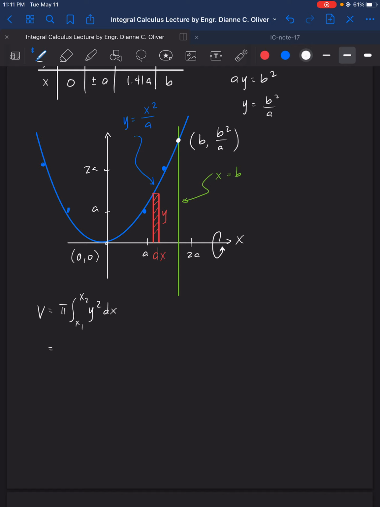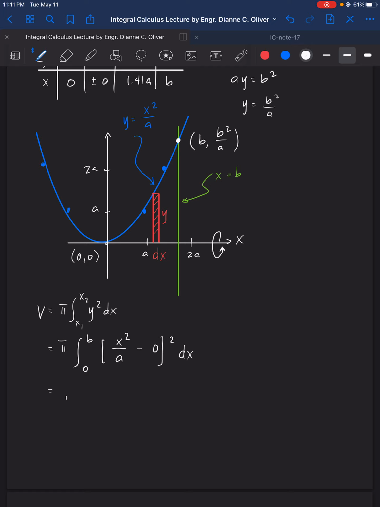That is pi integral of y upper is x squared over a minus y lower is 0. Then that is squared dx, x1 is 0, x2 is b.